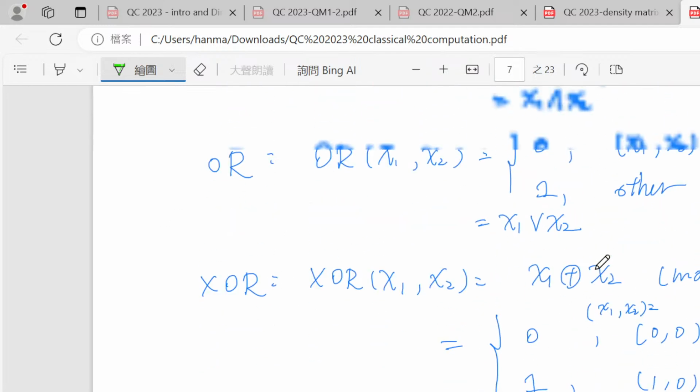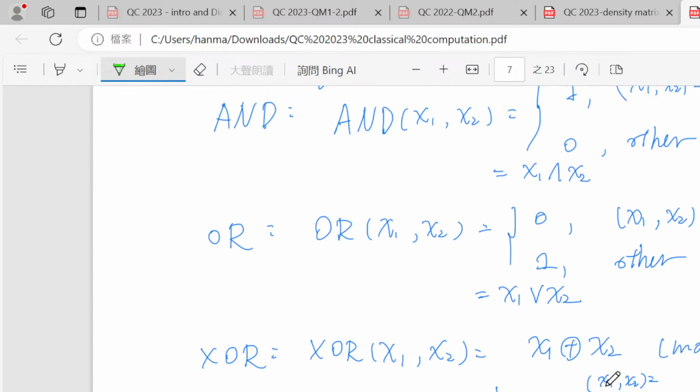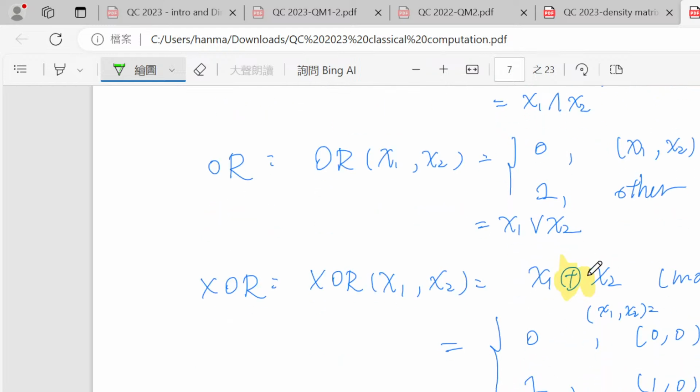And then we have XOR. XOR we are going to see a bit more in quantum computation, so let's be more careful. It's usually written in this notation, like a plus. We return the XOR of 2 bits x1, x2, and the notation is a plus in a circle.